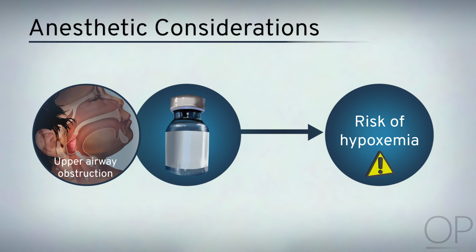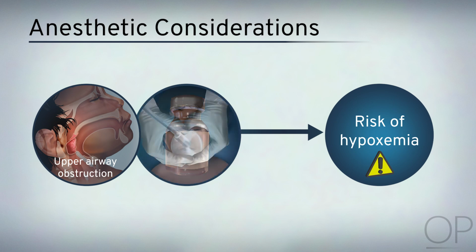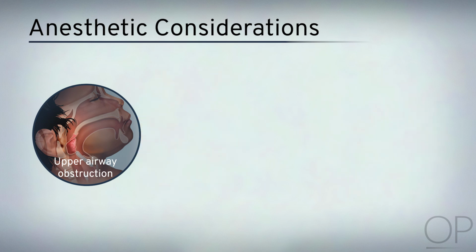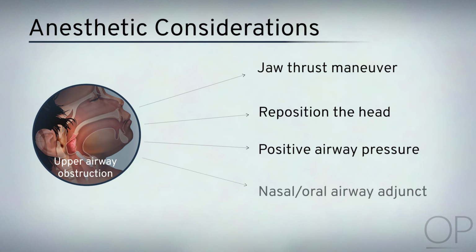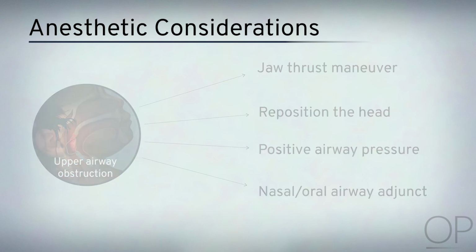This risk persists during induction of general anesthesia, which is often achieved via inhalation induction with volatile anesthetic agents such as sevoflurane. To treat acute airway obstruction following induction, the anesthesiologist may perform jaw thrust maneuvers, attempt repositioning of the head, apply continuous positive airway pressure, or CPAP, or insert a nasal oral airway adjunct.